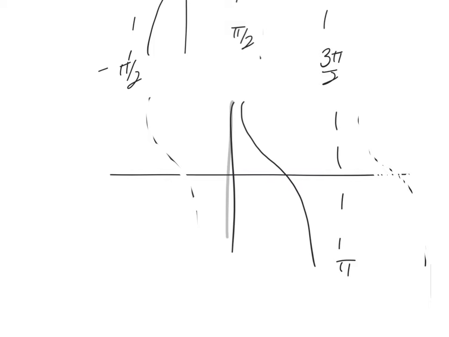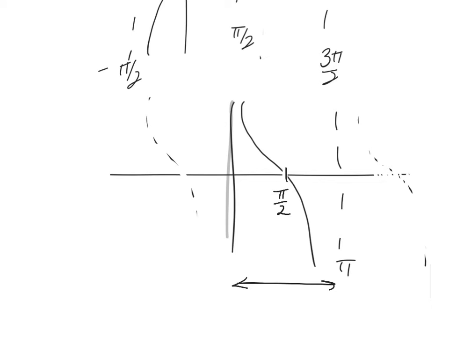Now the important thing is the quadrants. Remember, when we first started graphing, we talked about quadrants, right? So I'm going to restrict my cotangent, cosine, and secant between 0 and pi.